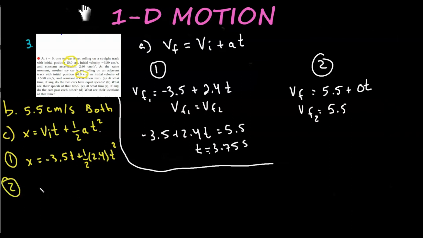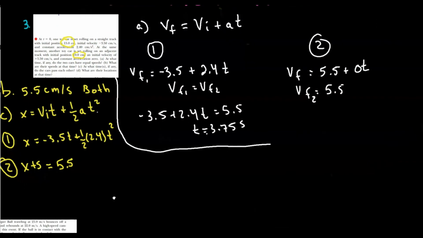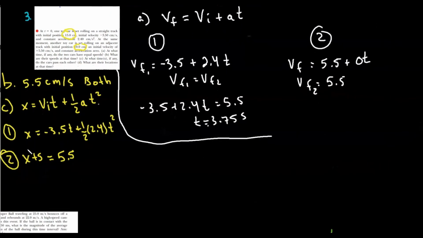And for car 2, this toy car has to travel an extra 5 centimeters in the same time for them to pass each other, right? So we have to put x plus 5 here in the distance to account for that. So v initial times the time for car 2 is 5.5 centimeters per second, and the whole second term is 0 because acceleration is 0. So all we have to do now is set these two equal to each other.